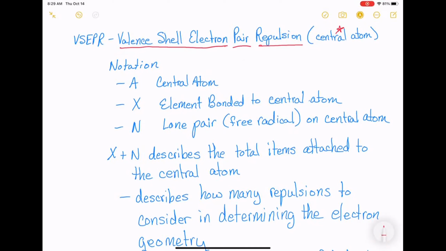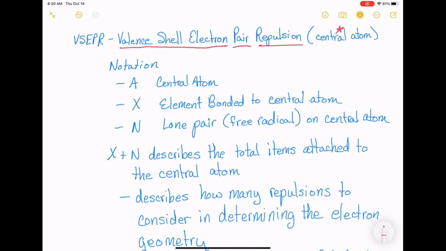In that notation, A will be used to represent the central atom. The letter X will be used to represent elements that are bonded to the central atom. And N will represent lone pairs, or in the case of a free radical, that single electron on the central atom.